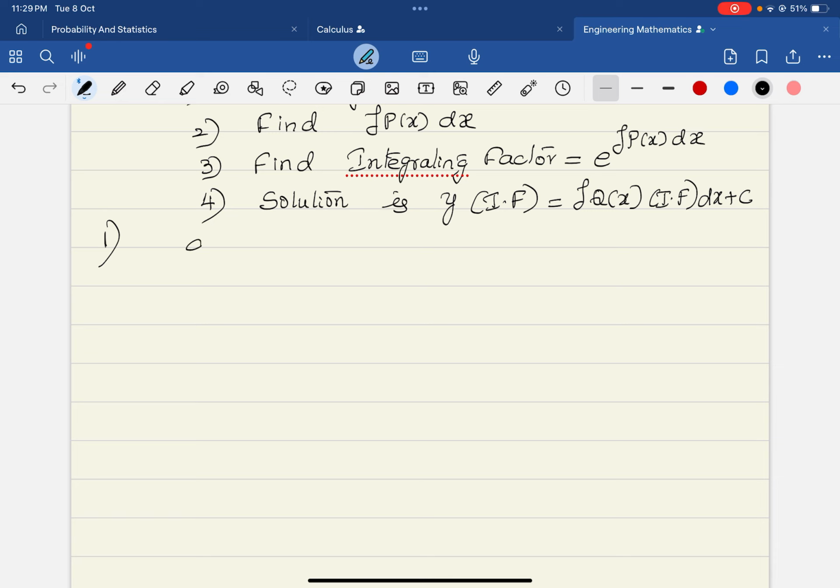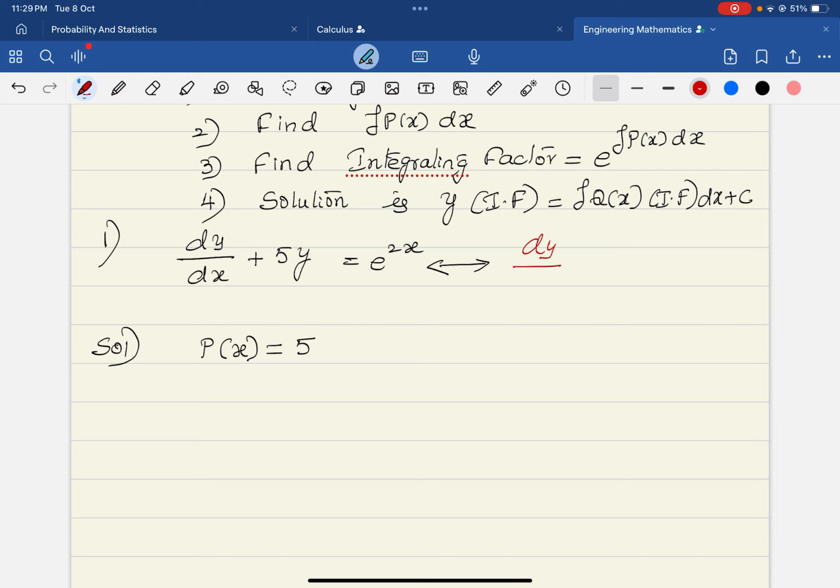The equation is dy by dx plus 5y is equal to e raised to 2x. Let us see this now. When you compare with the standard form, you can identify p of x. P of x is 5. The standard form is dy by dx plus p of x into y is equal to q of x.